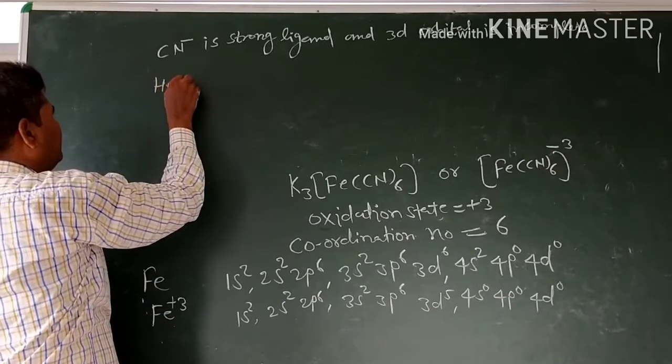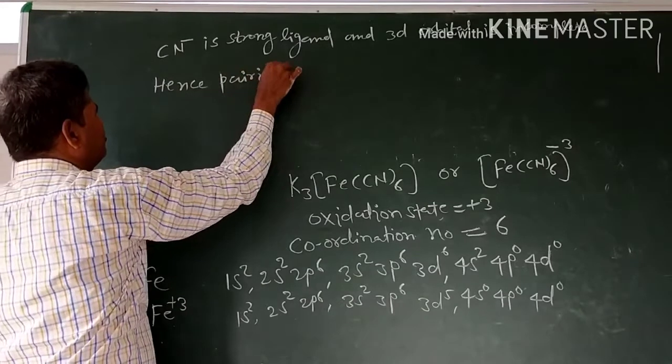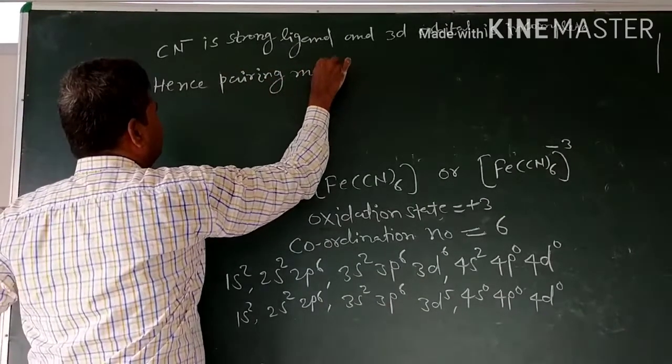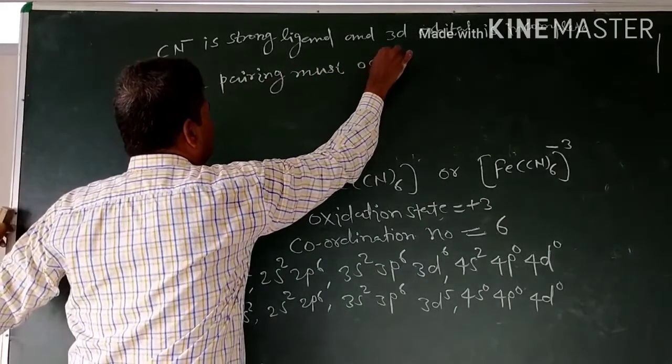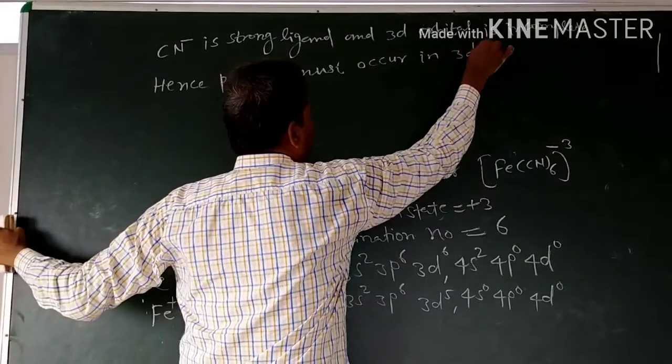Hence, pairing must occur in the 3d orbital.